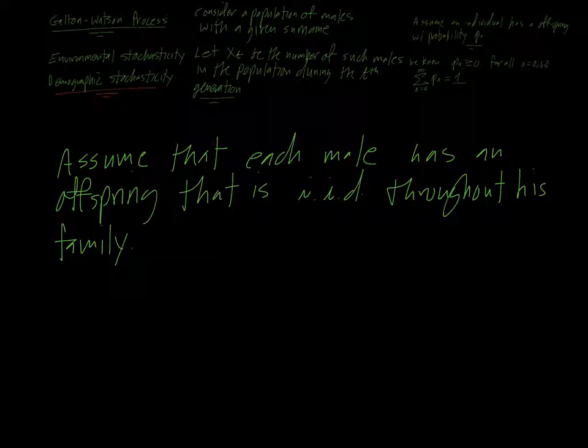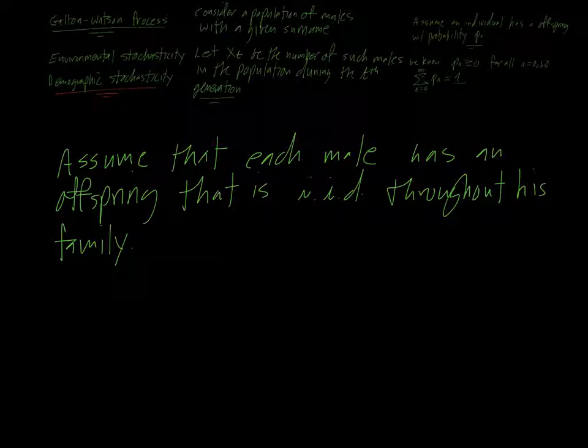Okay, so a father has the same offspring distribution as his sons, who have the same offspring distribution as their sons, and so forth. And each individual's offspring success is independent of his brothers, his fathers, his uncles, things like that. This is probably a bad assumption, because birth rates have varied in the past, but it's mathematically advantageous to have this assumption.